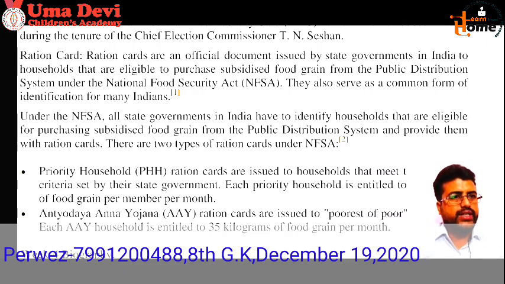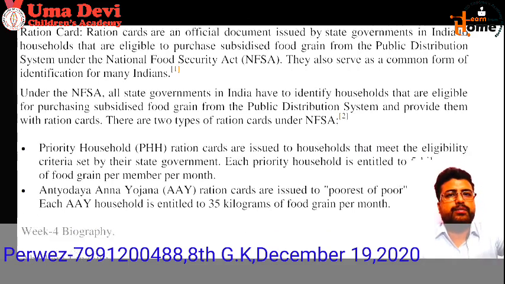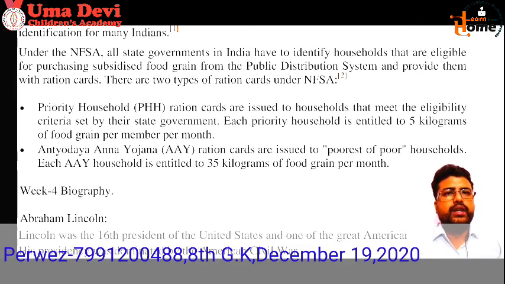So ration cards are divided into two types. One is the priority household, you can say PHH. Ration cards are issued to households that meet the eligibility criteria.